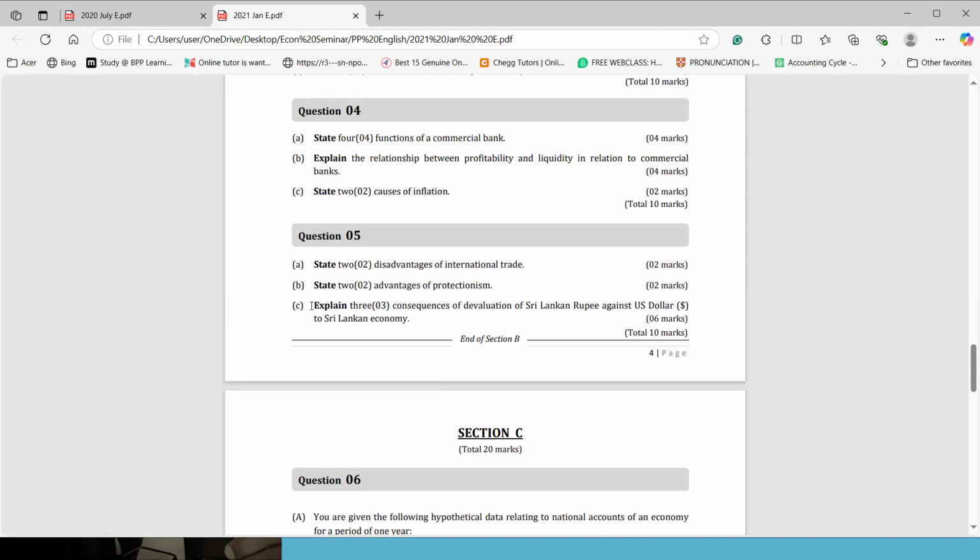Explain 3 consequences of devaluation of Sri Lankan rupee against USD. Consequences. If you devalue your currency, your import prices increase. You have to pay more. And your loan repayment, then it will result in inflation of the country.